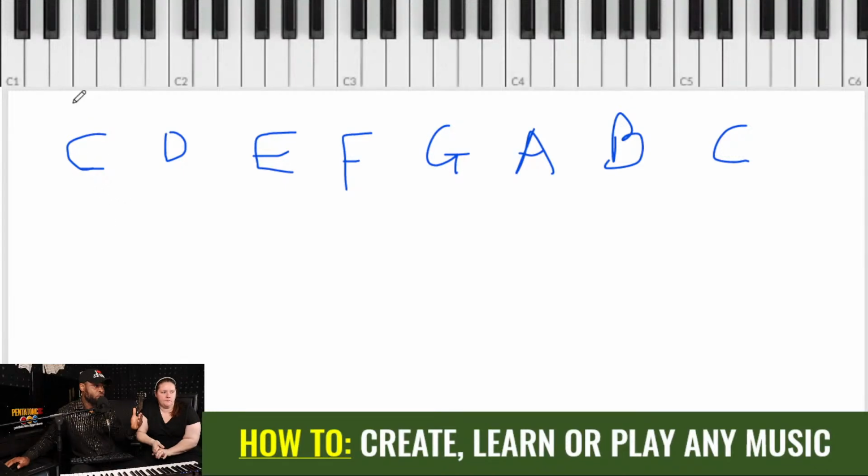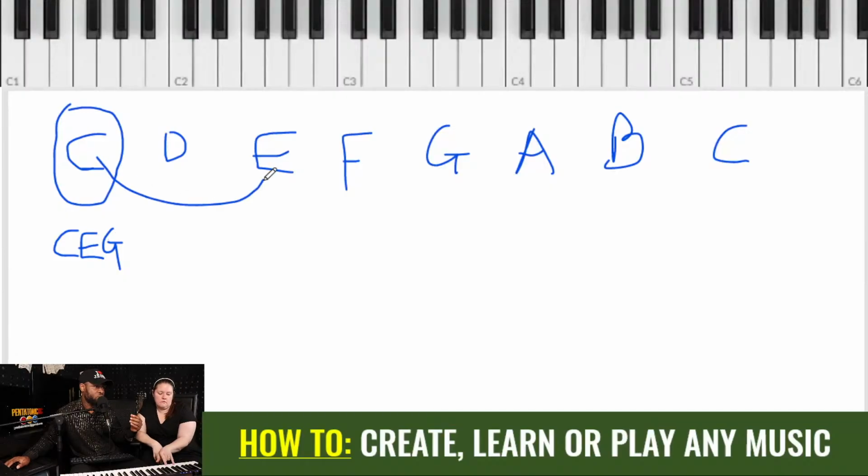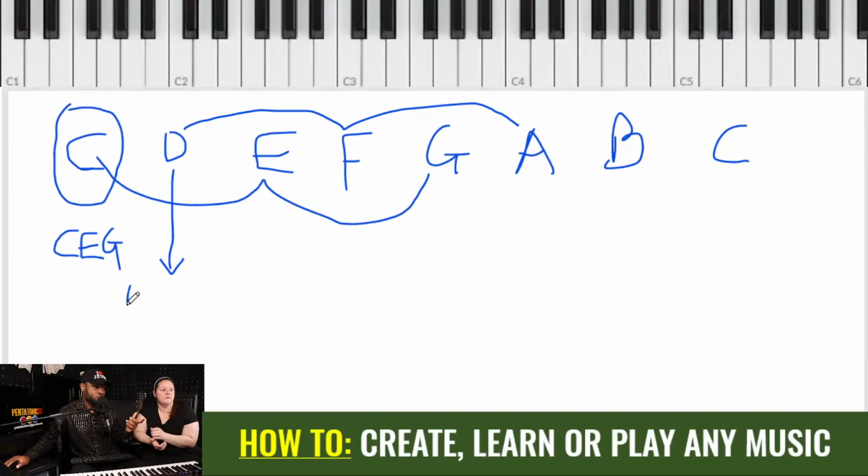So if we're trying to build the chord of this one, we're going to start from C, then we have E, and we have G. Take note, we're taking every other note. So we started from here, took this, and we took this. If we want to get the triad chord of this one as well, we'll do the same thing. Take every other note. Which is going to be D, F, A.